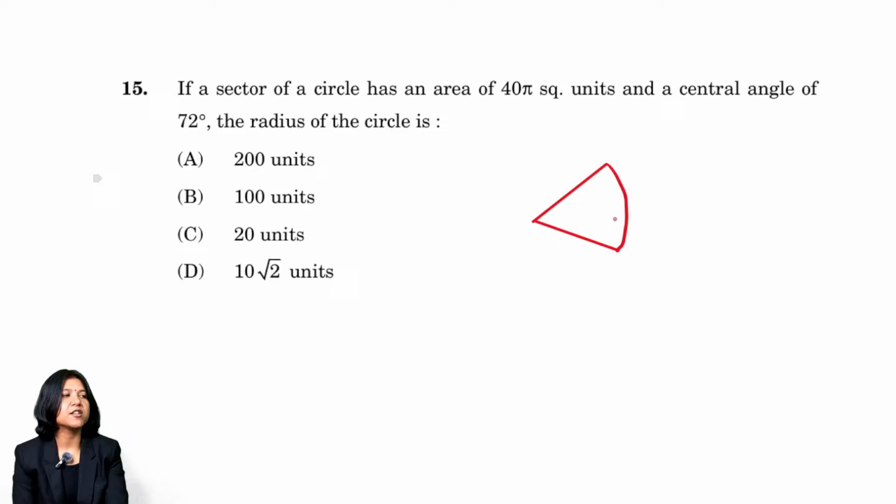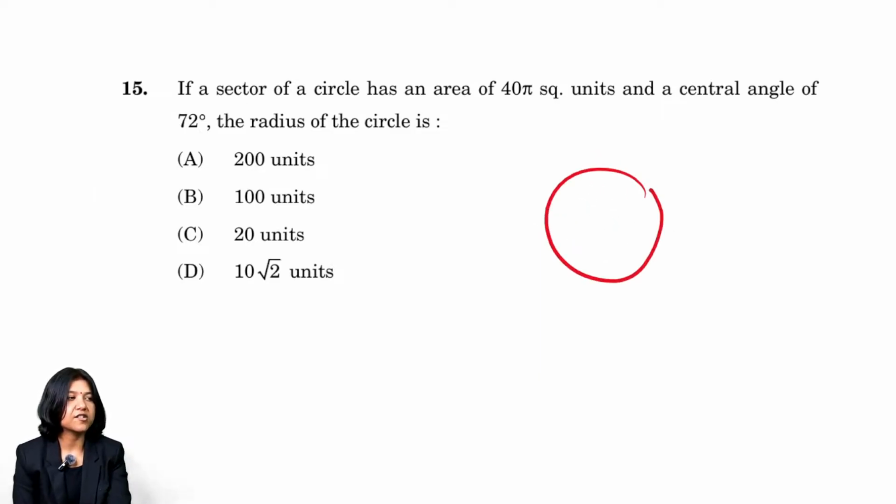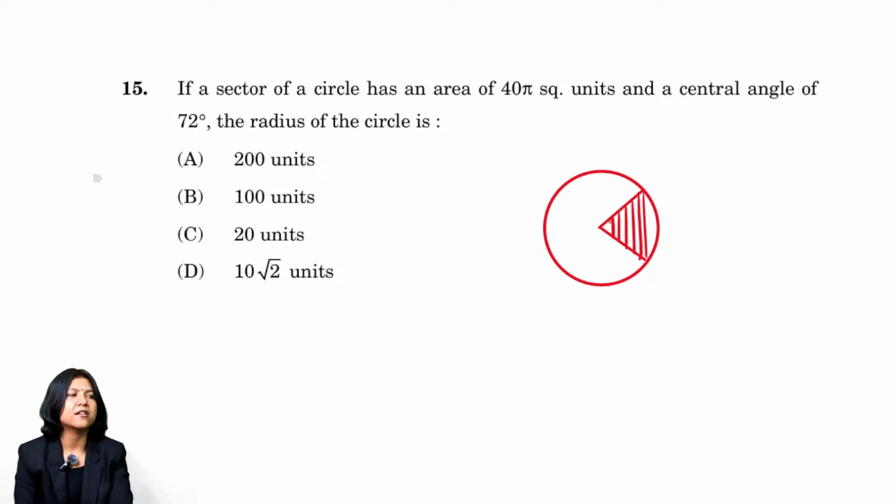The question has given you the area. Now understand the concept, which is very simple. A sector is just a part of a circle, and what we are really saying is that the area of the sector is simply a fraction. This fraction entirely depends on what angle it is making at the center. If you know the area of a total circle is pi r square, then the area of the sector will simply be decided by the angle made at the center.